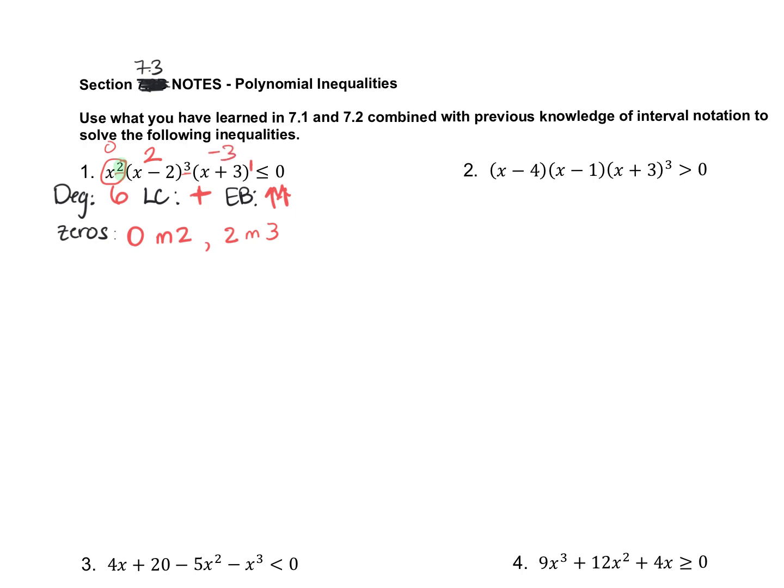And so we have a zero of negative 3 with a multiplicity of 1. So finding all that will help us to do this. Finding the zeros is very important. No matter what, you have to find these, because you cannot graph if you don't find these zeros.